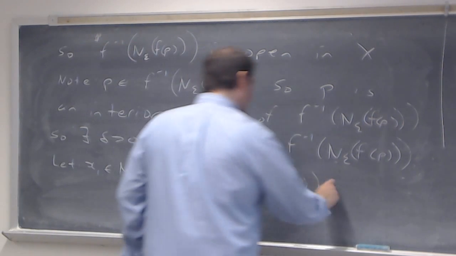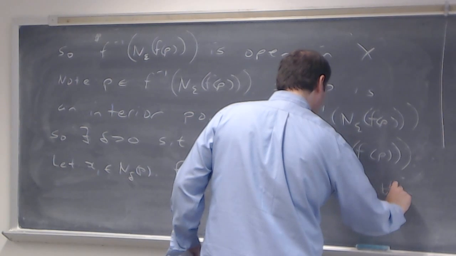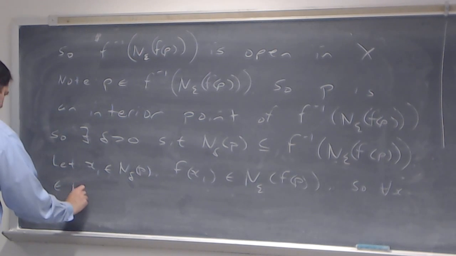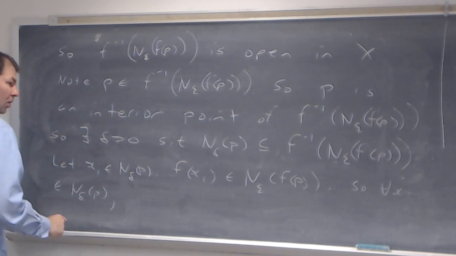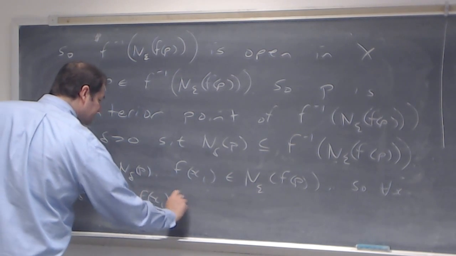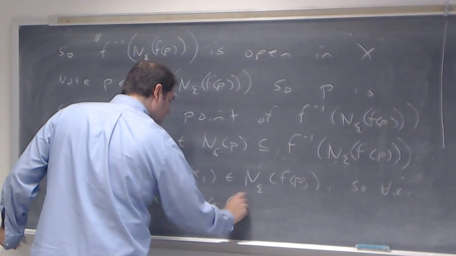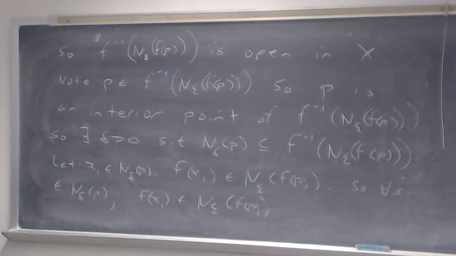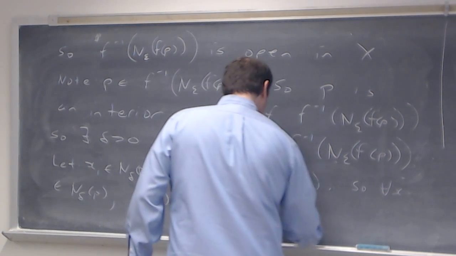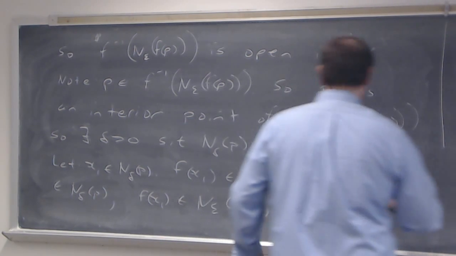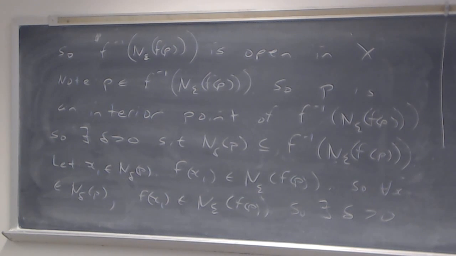So what are we saying? We're saying for all x in this neighborhood about p, f of x is in the neighborhood with radius epsilon about f of p. Okay? So what did we just find out? We just found out that there exists a delta greater than 0, the one we produced because p was in an open set.